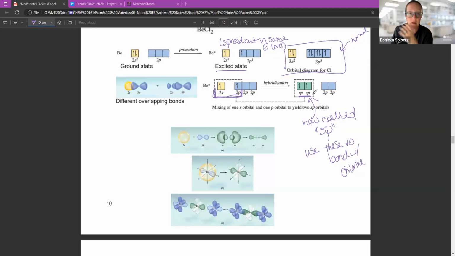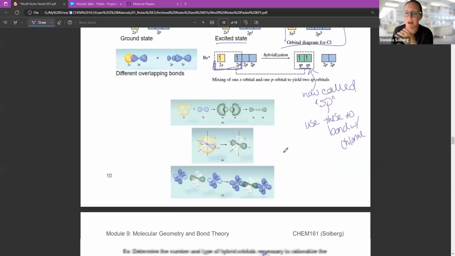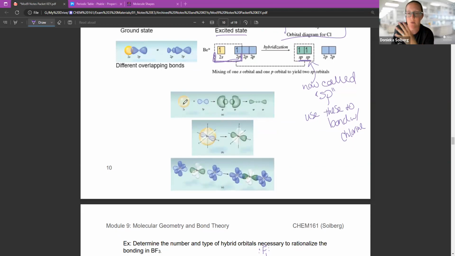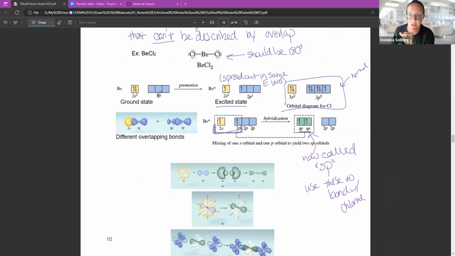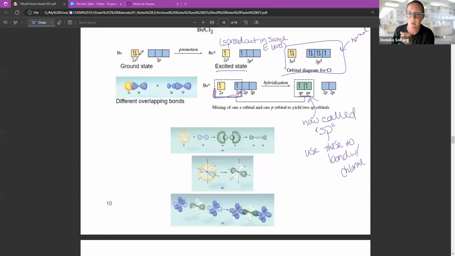These are becoming these. Okay, now three-dimensional wise, what I want you to look at is these are the orbitals we're talking about. For beryllium, right? Beryllium is the one having the hybridized orbitals. We have a 2s and a 2p. The 2p didn't have anything in it. We promoted one, so now you have these two.